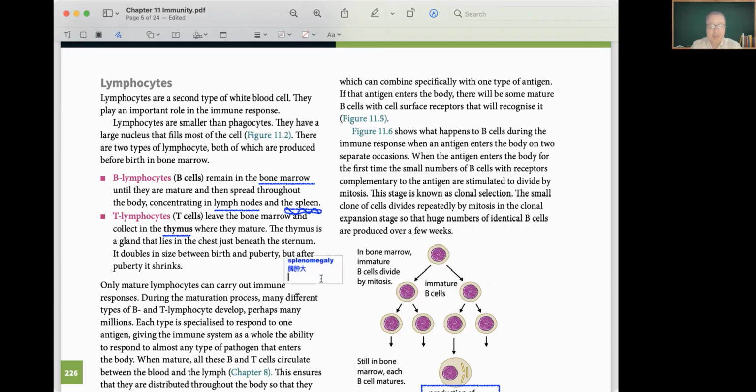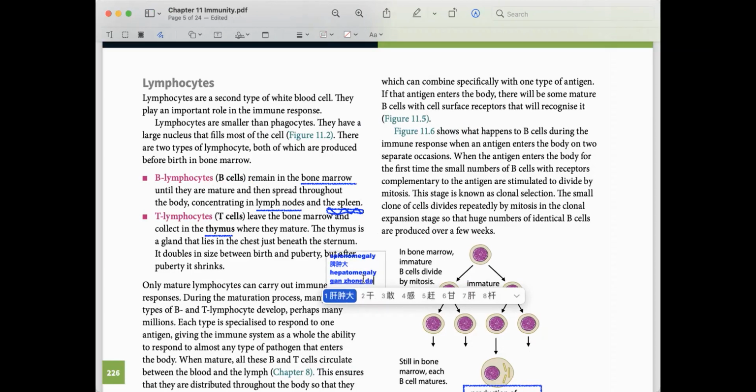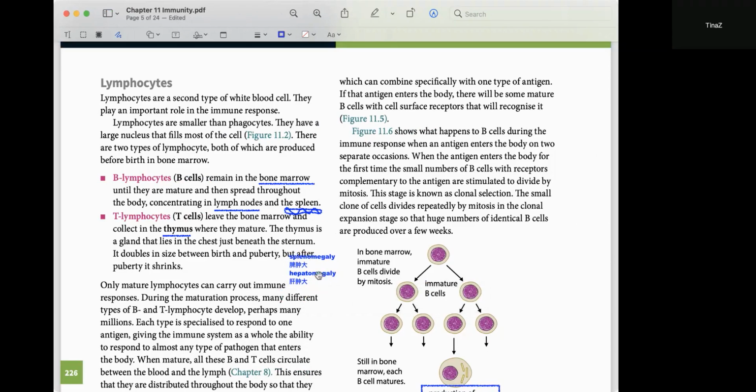Another word is called hepatomegaly, 肝肿大. 脾肿大, 肝肿大. But hepatomegaly, the enlargement or swelling of the liver, is not associated with immune response.